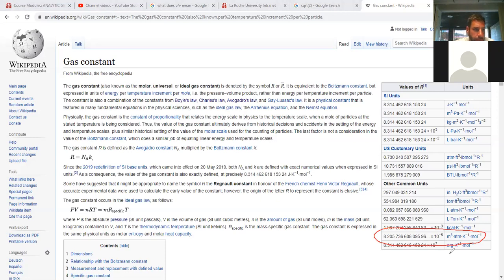But I do see atmospheres, I do see moles, and I do see Kelvin. And by the way, how did I get to the bottom one? I was looking for liters, and I have a liter here and a liter here at the top, but I have pascals and bars. So at that point, I feel like I have to change my pressure units.